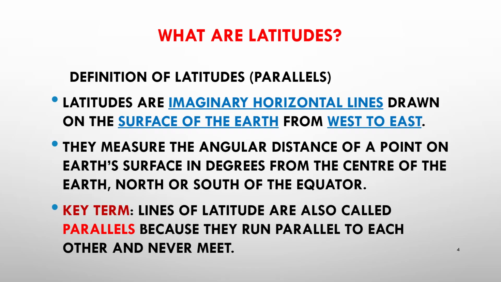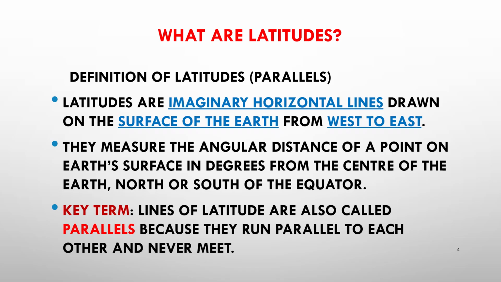The measurement starts from the equator, which is our reference point, and extends northward to the North Pole or southward to the South Pole. The maximum distance is 90 degrees in each direction, whether north or south, with reference to the equator.